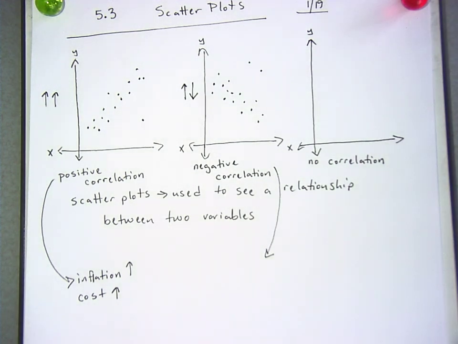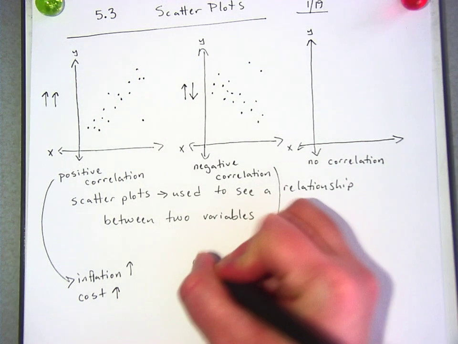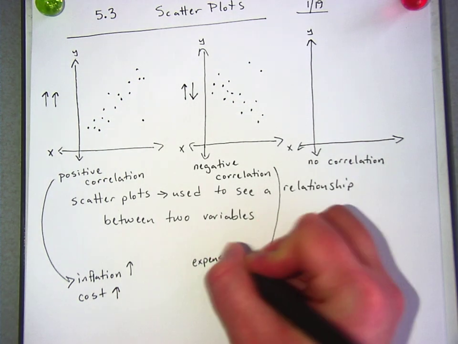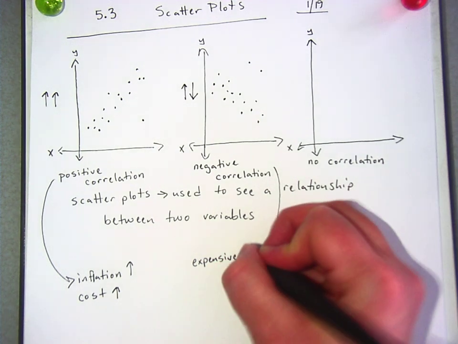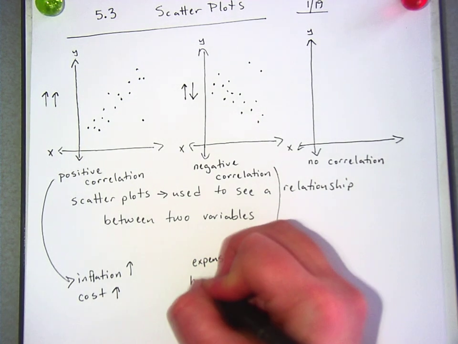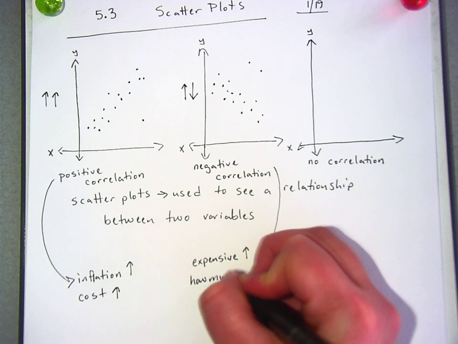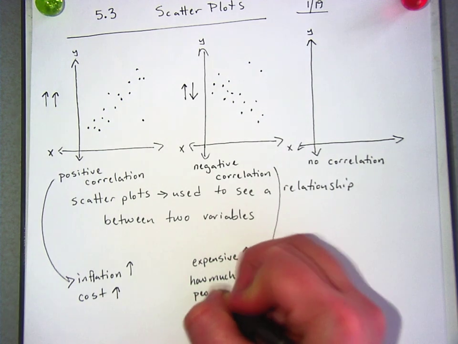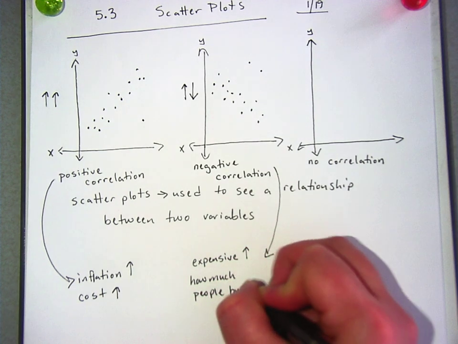Sometimes when things get more expensive, then people don't buy them as much. Yes, that is exactly right. So if things get more expensive, how much people buy goes down.